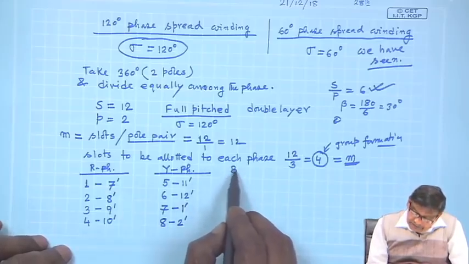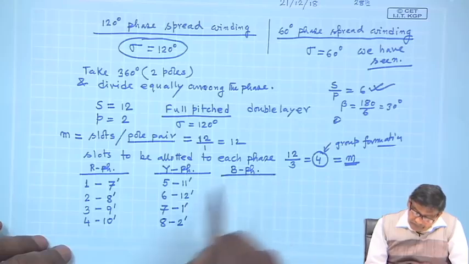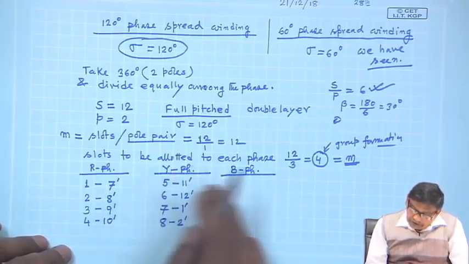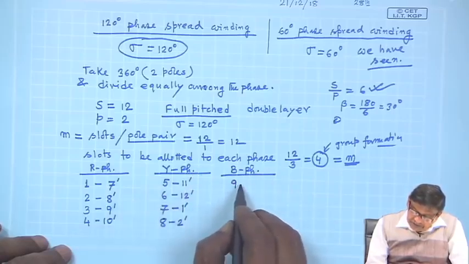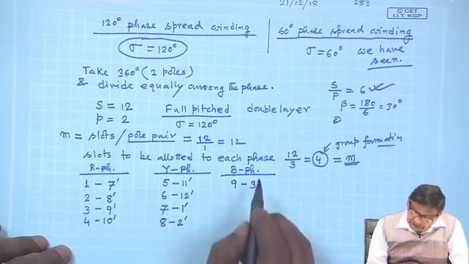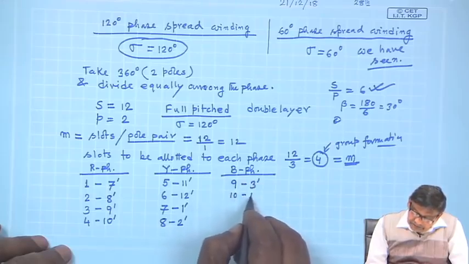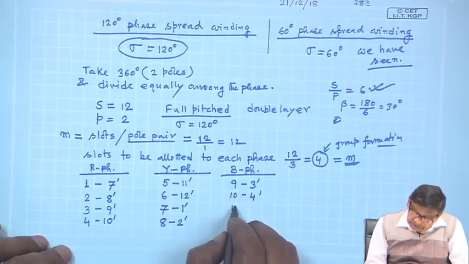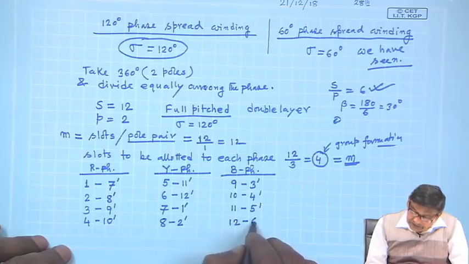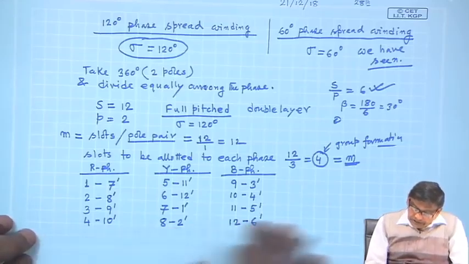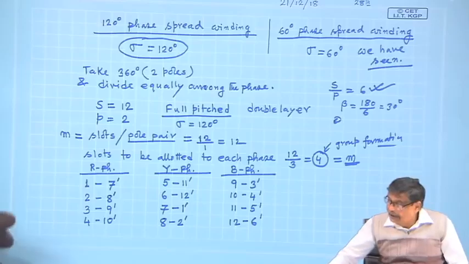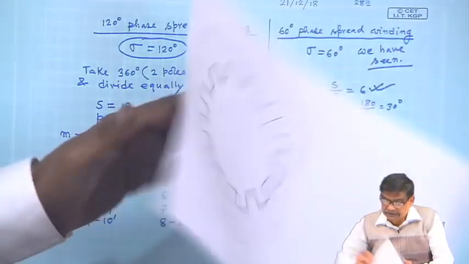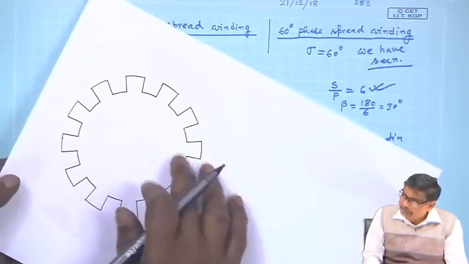And then B phase, 5 plus 4 after 120 degree B phase starts. So, 9, plus 6, 15 dashed, that means 3 dashed, 10 4 dashed, 11 5 dashed, and 12 6 dashed. So, these will be the windings, and in this case, just looking at it, can you tell it is 12 slots, no?